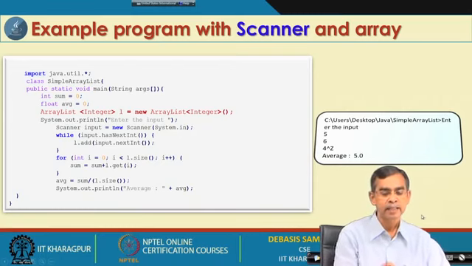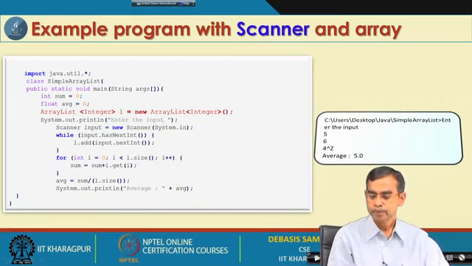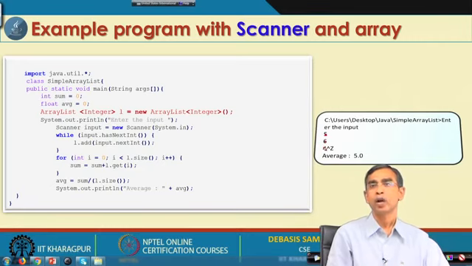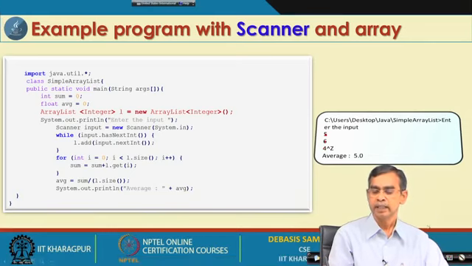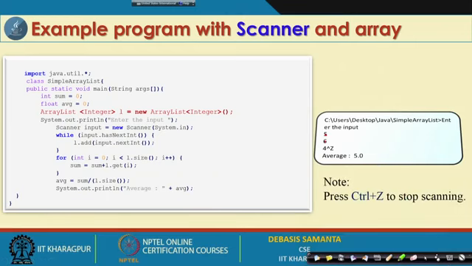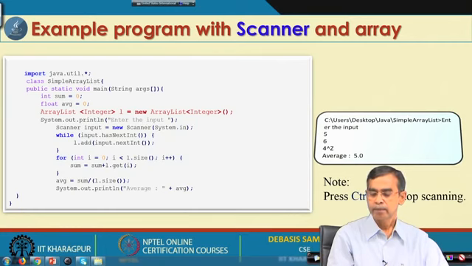It asks you to enter the input, then you type 5, 6, 4, and to stop entering input you should press Ctrl Z. Ctrl Z indicates termination of scanning. Once terminated, it will run the rest of the program and print the average value. For example, the input is 5, 6, 4, and the average value is 5.